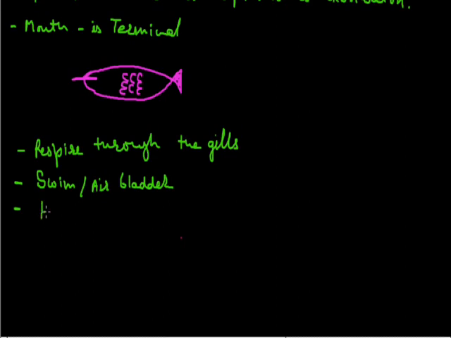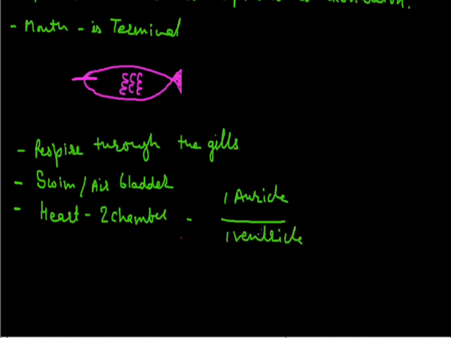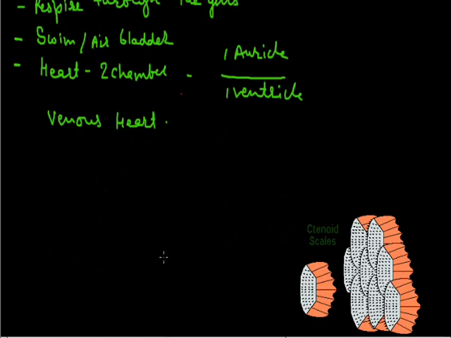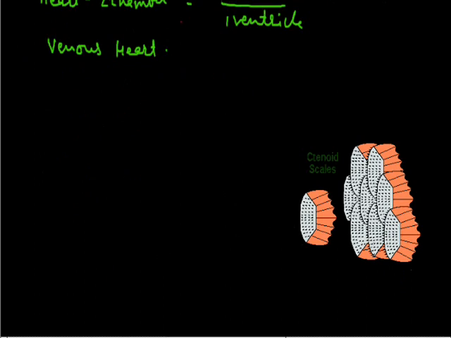These animals also have a two-chambered heart, in which one chamber is the auricle and the other is the ventricle. They also have a venous heart, because the blood circulated is deoxygenated. In these animals the fertilization is external.